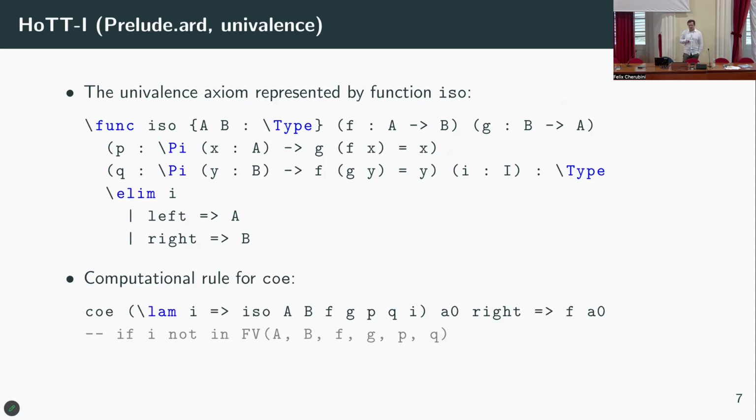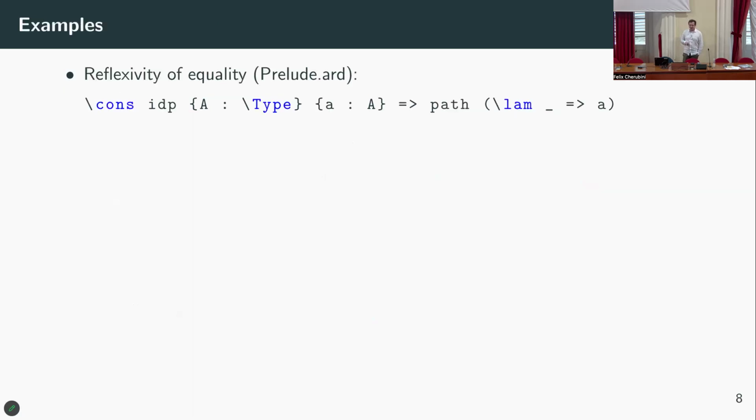Well, there is a computational rule, just one, that computes coe applied to iso in an obvious way. It says that, well, if you do a transport on iso, you just apply your isomorphism.